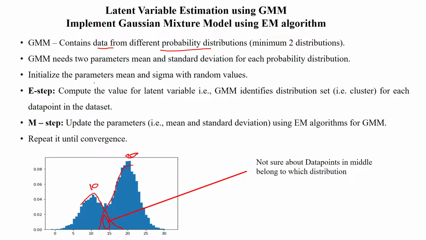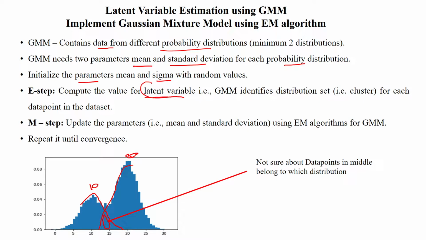Here the Gaussian mixture model has two parameters, mean and standard deviation, for each probability distribution. Initially, we assign the parameter values, mean and sigma, randomly, and in the expectation step, we compute the value for the latent variable. Latent variable means that in clustering, we do not have the actual label for the given data set.